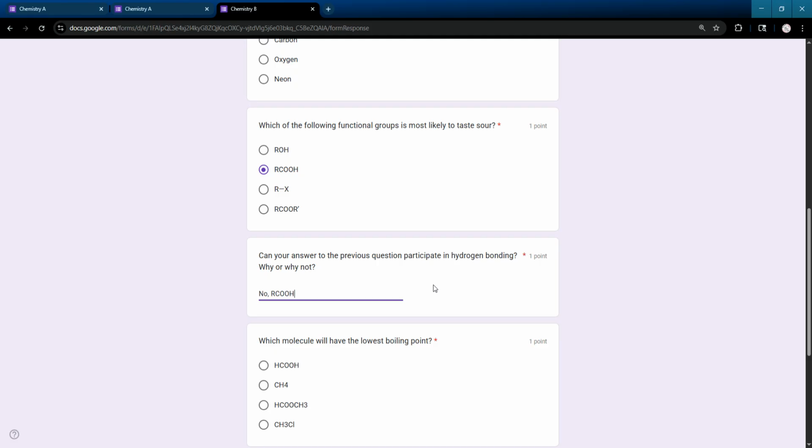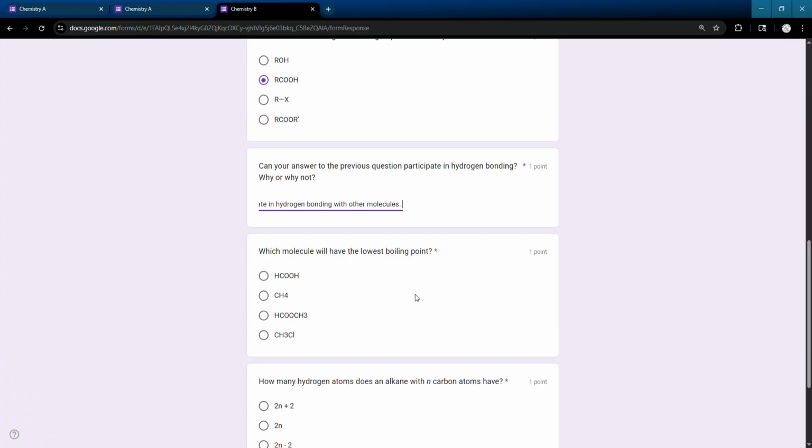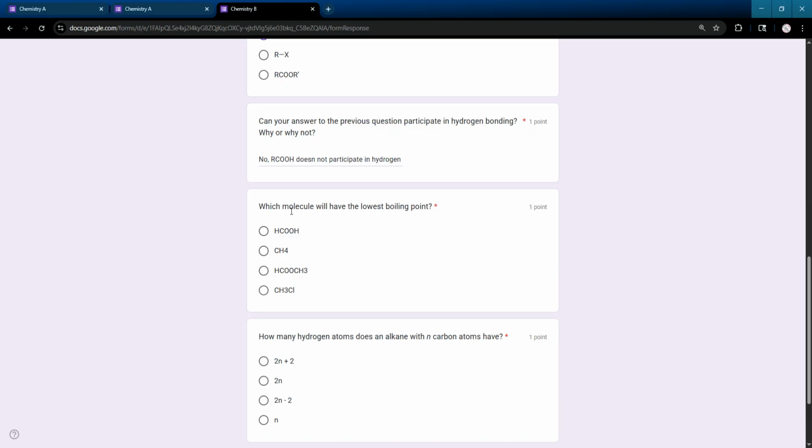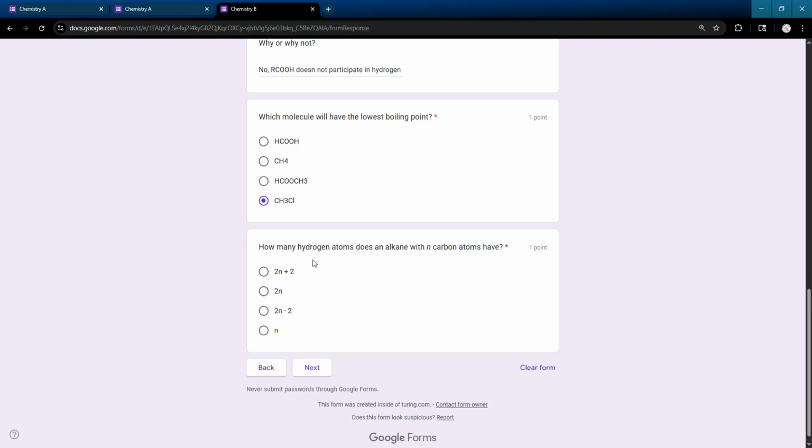SCU in hydrogen with other molecules. Lowest boiling point. I'm not sure which one.